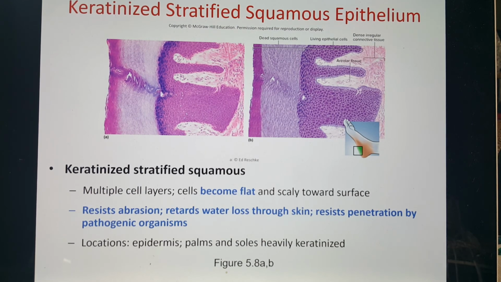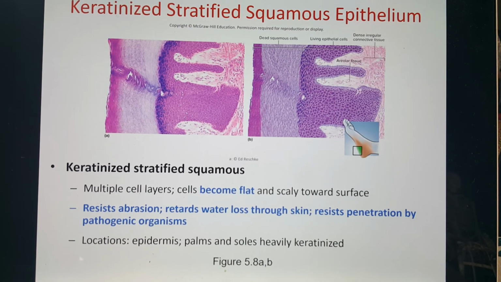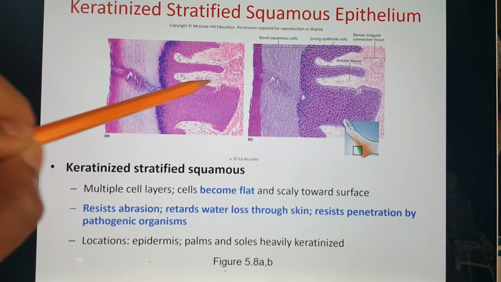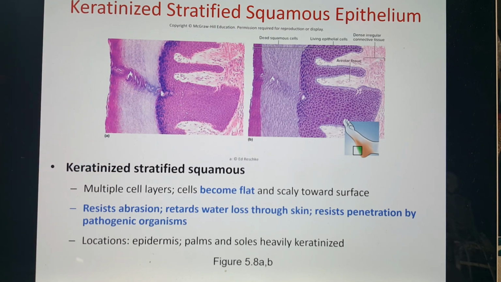So sometimes I get this question, so I might as well answer it. Some people ask, what is this zigzaggy looking thing here? For that one, and we'll talk about this in chapter 6, which is our skin chapter, in order to help keep our epithelial tissue and this connective tissue below it stuck together, we have these little interlocking folds in between the 2 layers, and that helps to keep them stuck together. Again, makes them just tougher.